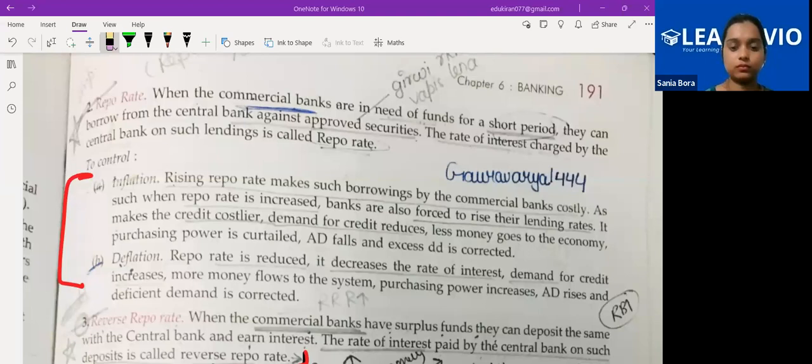Purchasing power falls, aggregate demand falls, and excess demand is corrected. What are AD and DD? AD is aggregate demand, DD is deficit demand.